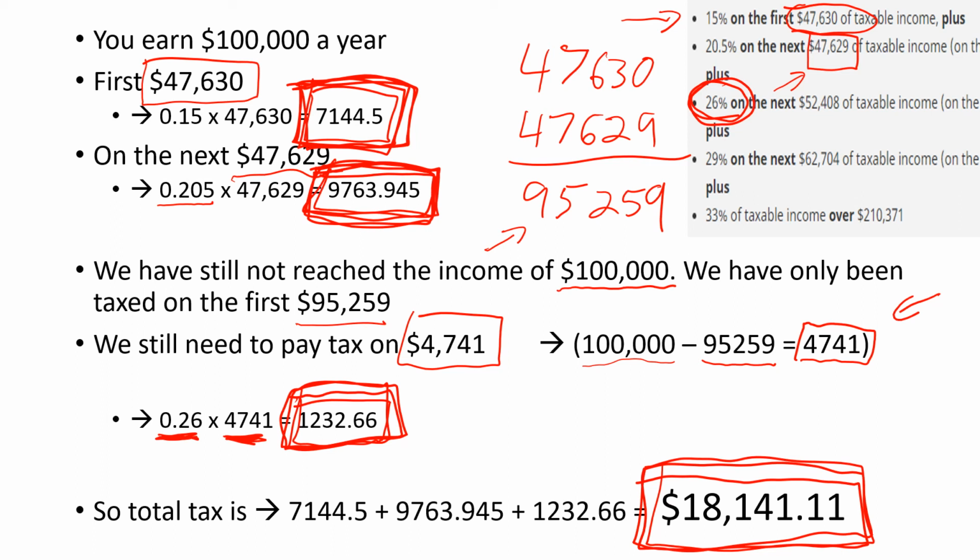Now, there's a whole bunch of different things. Like if you have a business, you can have tax deductions, and if you contribute to charities, you can pay less taxes. If you contribute to your RRSPs, you can pay less taxes. There's all these different ways to decrease the amount that you can pay to the government, and most people kind of don't pay this full amount.